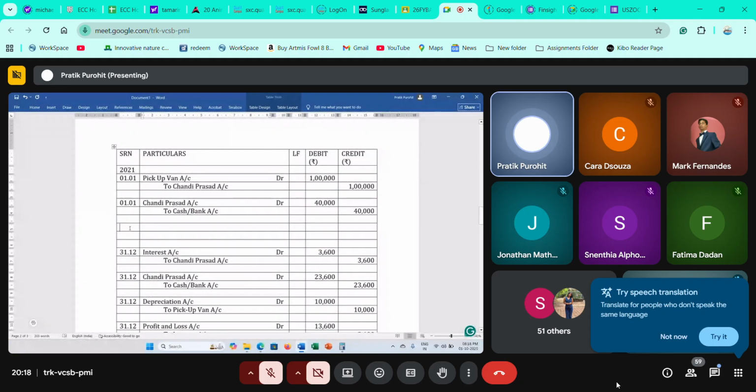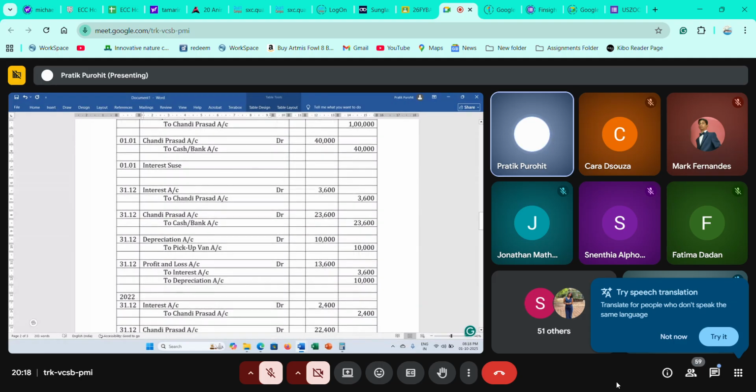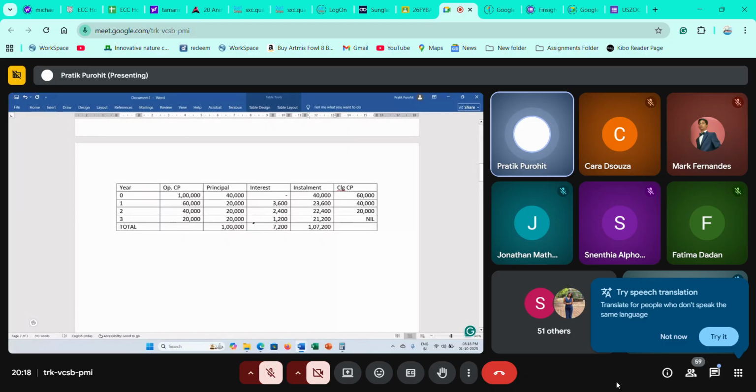On the date of purchase itself, you create an account called interest suspense account, and you debit it by total interest. I guess the table we prepared gives us the total interest. So how much is the total interest? 7,200.